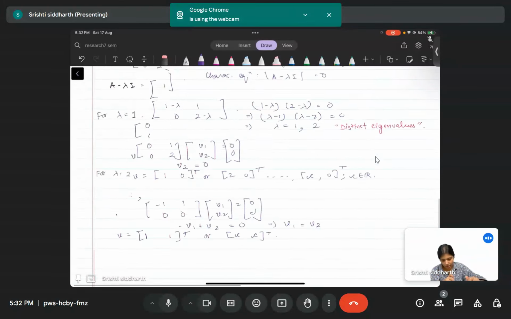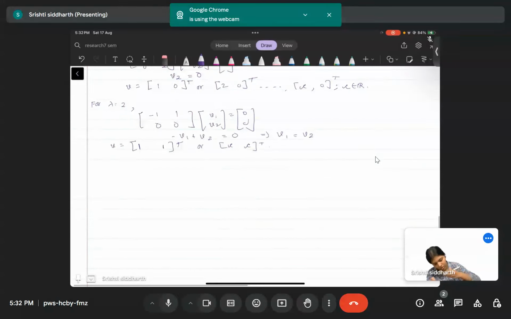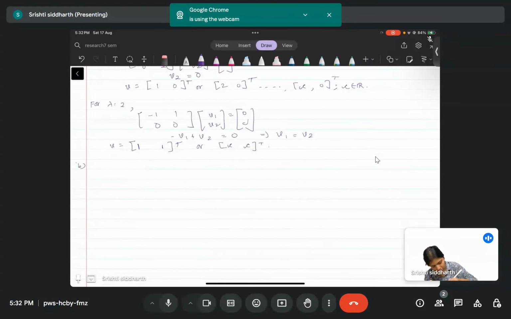Again, let's check the eigenvalues for a square matrix of size 3. So this is the A matrix: 0, 1, 0, and 6.